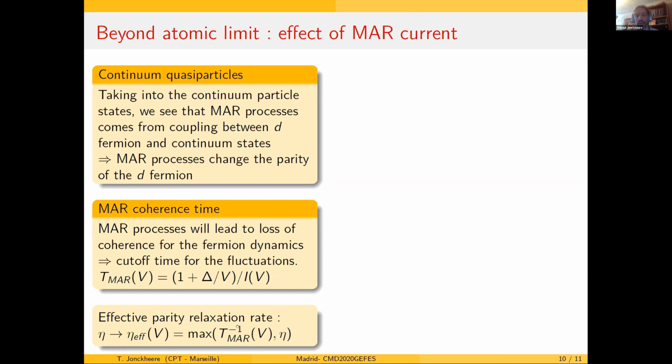And then, in a very crude way to get some quantitative result, I can just consider an effective parity relaxation rate, which will be the maximum of the intrinsic one and the one due to multiple Andreev reflection. And so this defines an effective parity relaxation rate, which will depend on voltage and which we can compute if we know the current. So we can compute numerically the current and then from this get the effective parity relaxation rate.